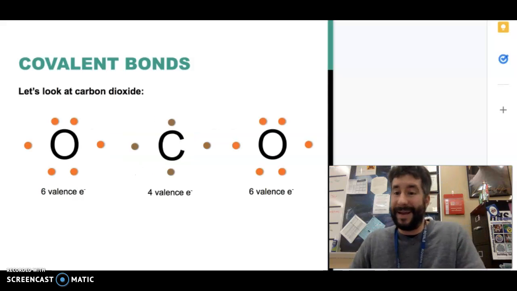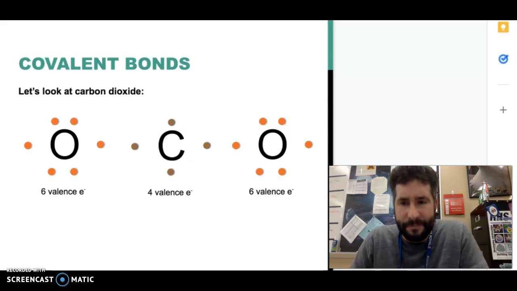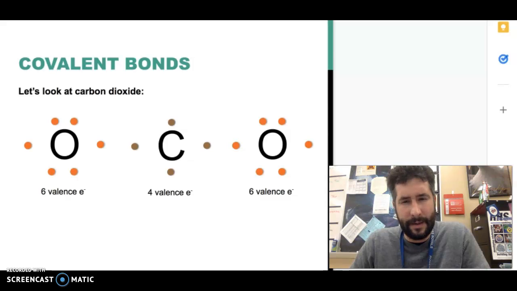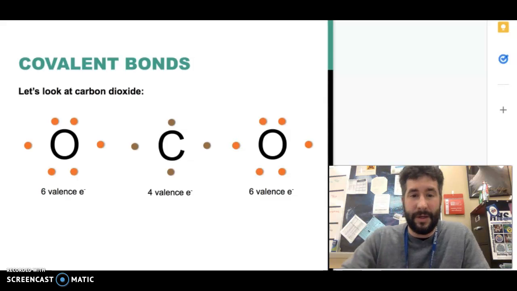You can think about carbon dioxide, another common one. Let's think about the middle one first. Carbon has 4 valence electrons, and to get to 8, it's going to try and pull 4 electrons away from oxygen. It could try and take them all from one oxygen, but oxygen's not going to let it. Oxygen has 6 valence electrons, so it's going to try and grab 2 of carbon's electrons.